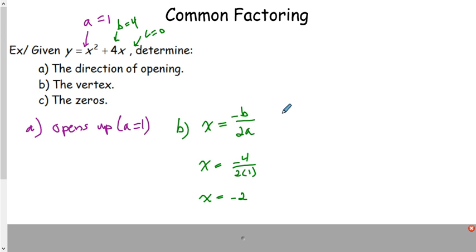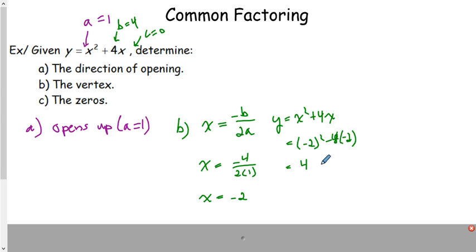Now if we want to find the corresponding y value, we need to sub into our equation. So let's do that. Our equation is y equals x squared plus 4x. So anywhere we see an x, we're going to sub in a negative 2. So negative 2 squared plus 4 times negative 2. Negative 2 squared is 4.